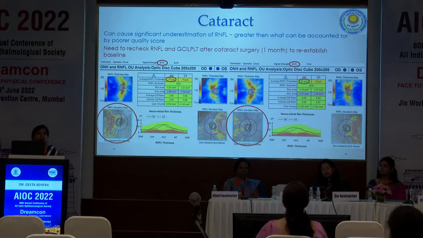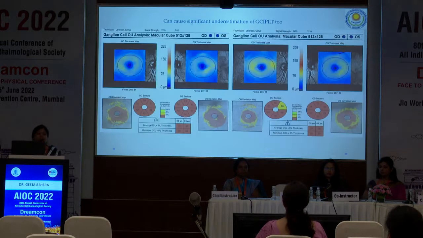Again, if a glaucoma patient actually develops cataract, this may be misinterpreted as progression, and only after the surgery is done, the baseline has to be reestablished. This cataract actually affects the GC-IPLT far more than the circumpapillary RNFL.